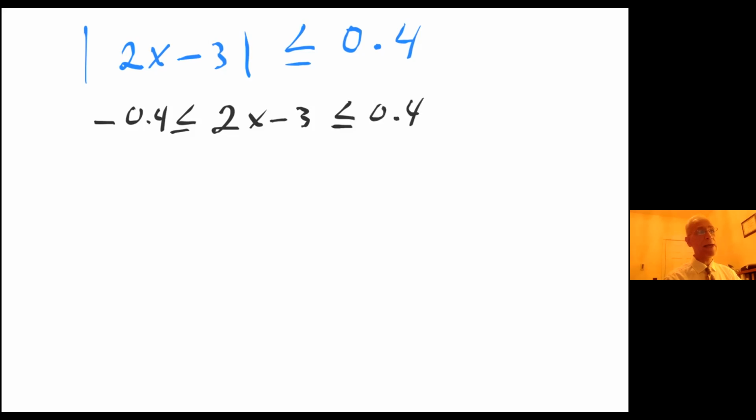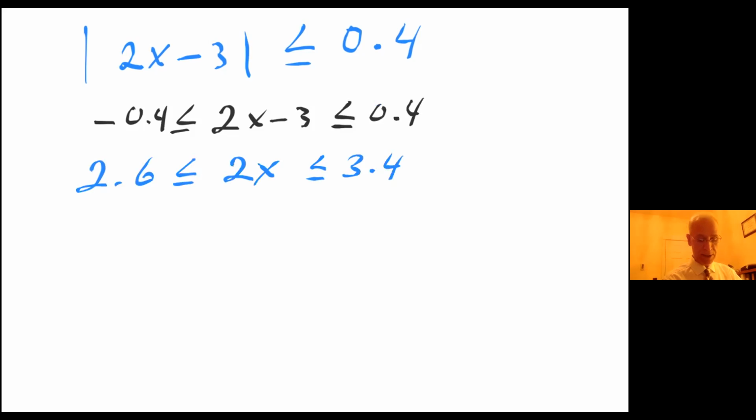If I add 3 to all three sides of this inequality, 3 minus 0.4 gives me 2.6, smaller than or equal to 2x, and adding 3 to the right side, I get 3.4.